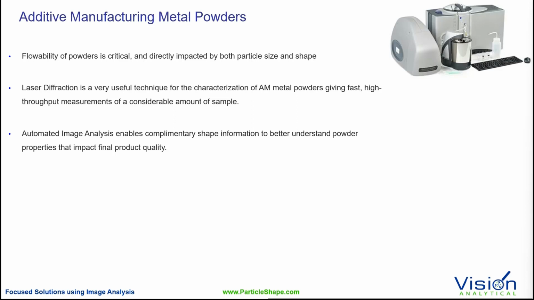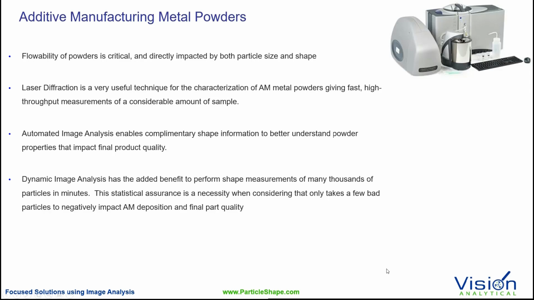If you can imagine, you want these particles to be as round as you possibly can, so they flow very easily, they flow very uniformly, and they deposit and compress and sinter together very uniformly as well. So automated image analysis is a complementary technique, and it is making its way into the final test of these particles. In the case today, we're going to be talking quite a bit about dynamic image analysis.